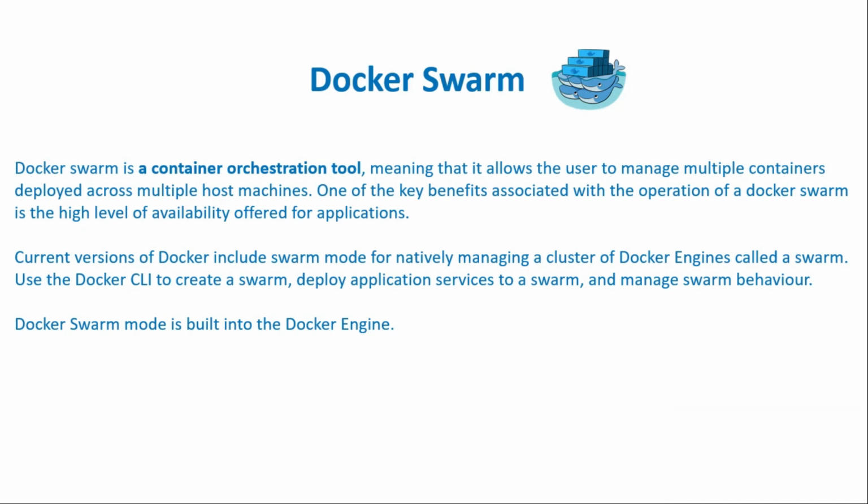We have to deploy multiple services on our containers, and Swarm manages all these things and provides us clustering and high availability. Docker Swarm mode is built into the Docker engine. When we install the Docker engine, Docker Swarm is automatically installed on your system.